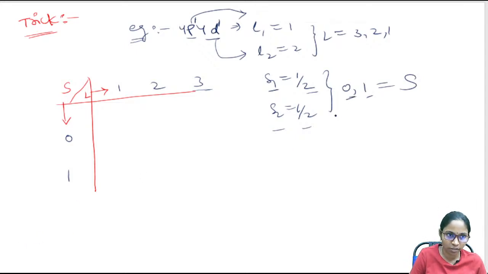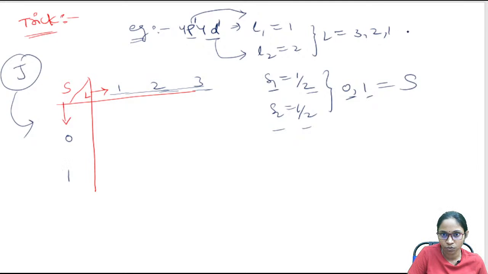You have to solve this, and I will give you a trick to find the J values. This is the way to find the J values. I am taking L values in the column, and S values in the row. That is, L values 1, 2, 3 I am taking here, and S values 0 and 1 I am taking here.